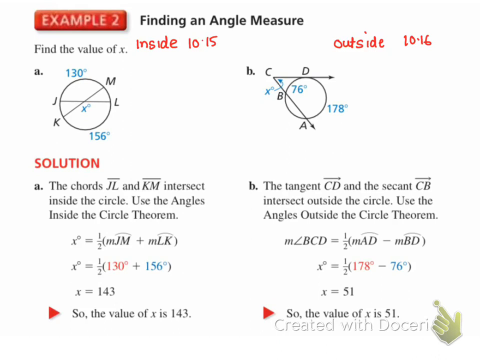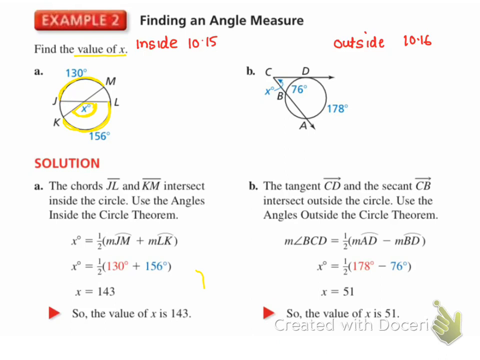Here they want you to find the value of x, and x is this angle. Whenever chords meet inside, according to the angle inside the circle theorem, the angle is half of the sum of the intercepted arcs. Look at the arcs, add them and divide by 2.